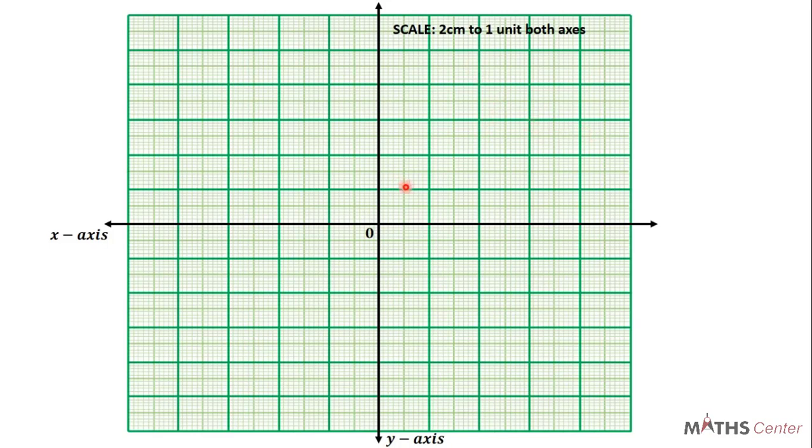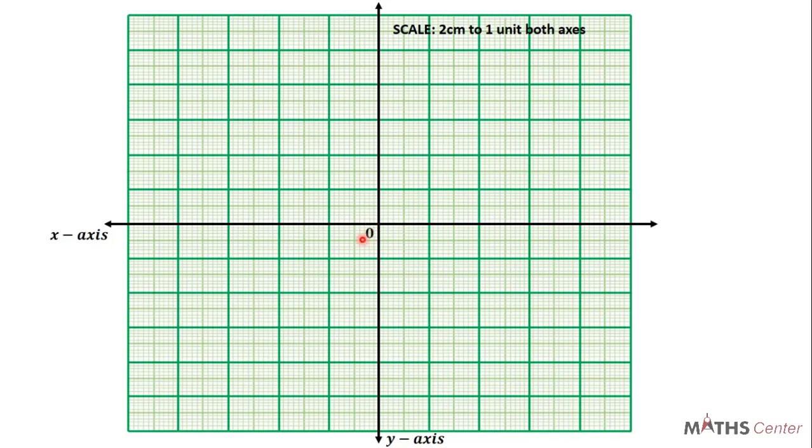The scale we are using on the x-axis is 2 centimeters to 1 unit. That means that after every 2 centimeters, we will have to increase the previous number by 1. So after every 2 centimeters, we increase the previous number by 1. As I've already said, all our numbering will be in reference to the origin.